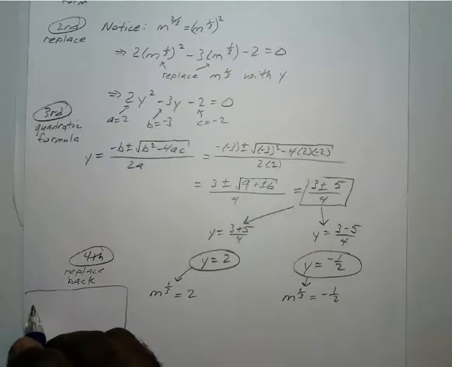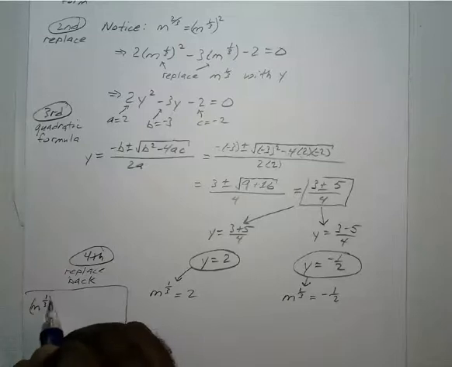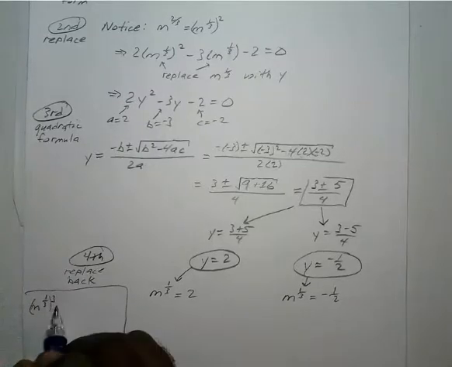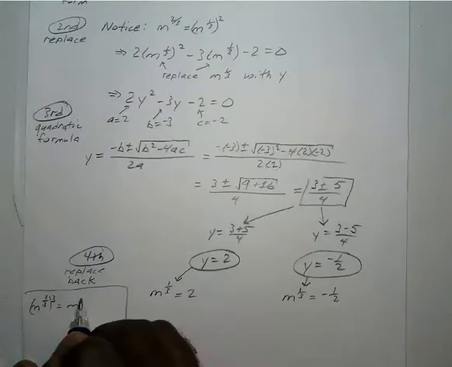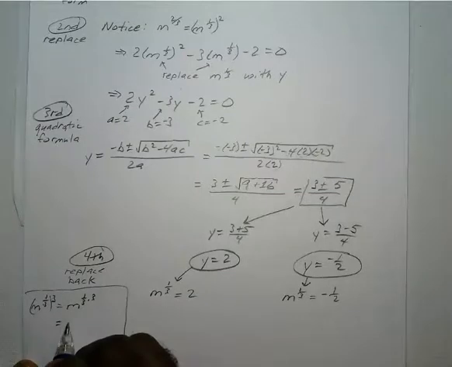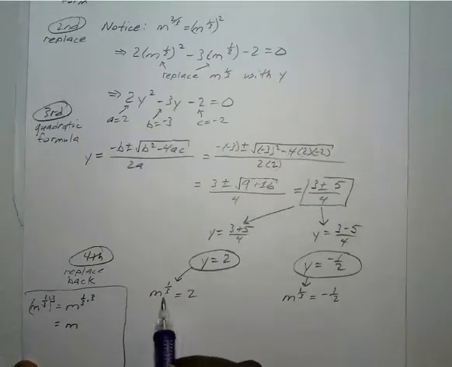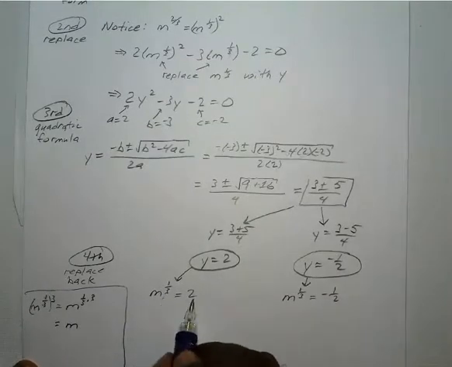The same way you have the square root property, m to the 1/3 power raised to the 3rd power is equal to m, because the exponents cancel each other out, because it's m to the 1/3 times 3 power, which is just m. So what we're going to do here is raise both sides to the 3rd power. Because remember, whatever you do to one side, you have to do to the other.